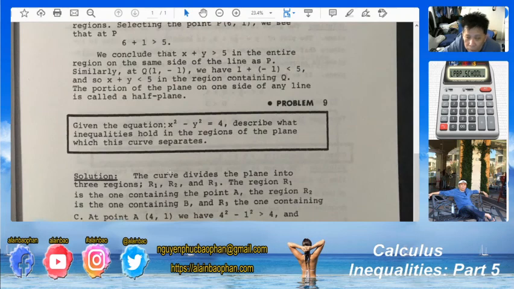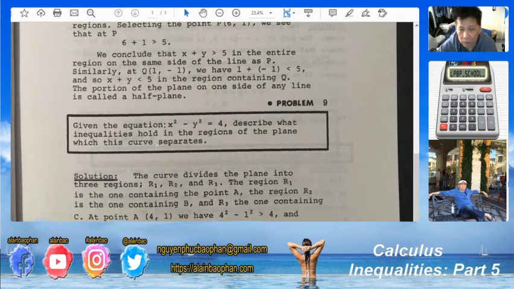Okay. And the next thing we study is inequality of also 2 variables, but this time it's not a straight line. It's a parabola, an ellipse, or a circle. In this case, x squared minus y squared equals 4. It's a form of the hyperbola.